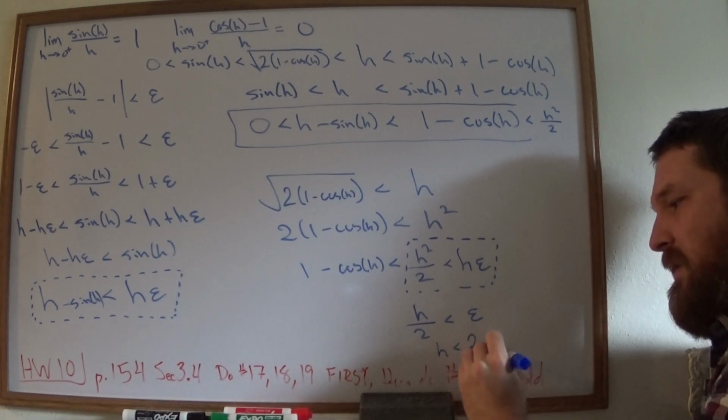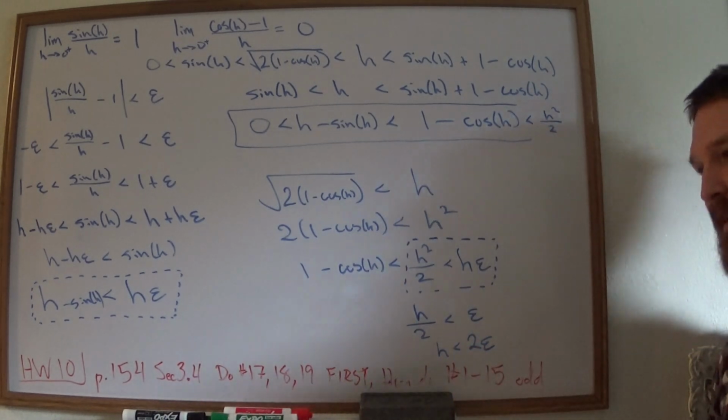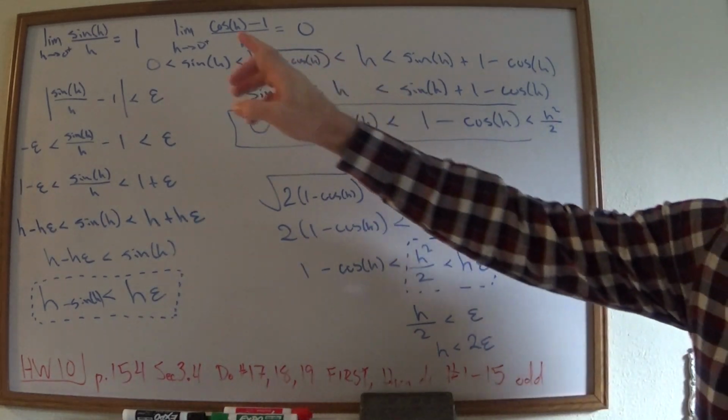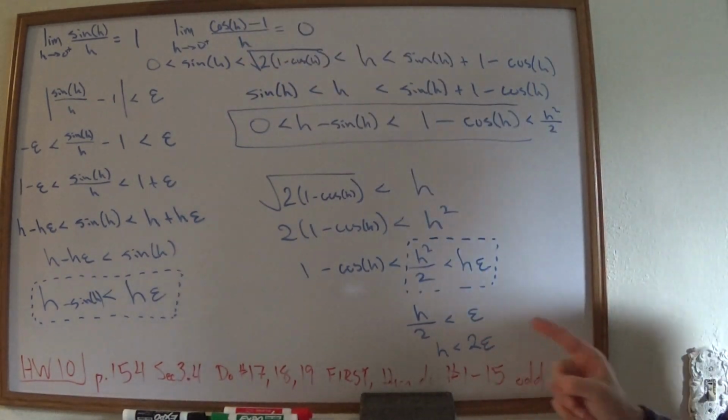So whenever h is less than 2 epsilon, there's your delta.